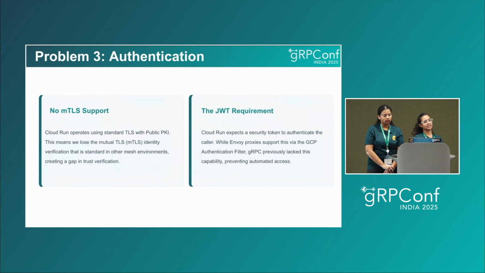So for authentication, Cloud Run requires security tokens like JWT tokens to prove the identity of the caller, and essentially these tokens should also contain the service account and information about the user. Normally you would have to write custom code to fetch the token and attach it to your request to send it to the server, but we wanted gRPC to do it automatically and not put the burden on the developer.